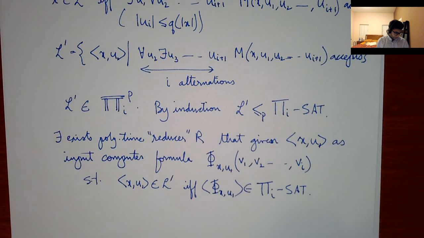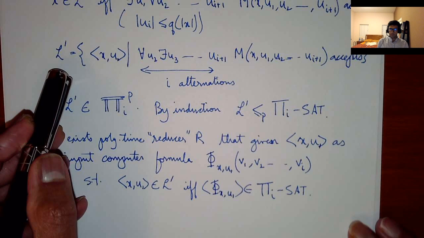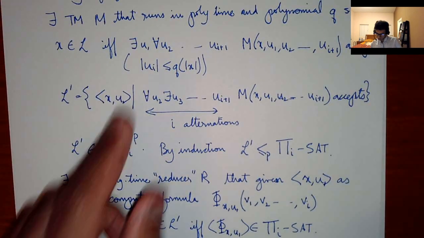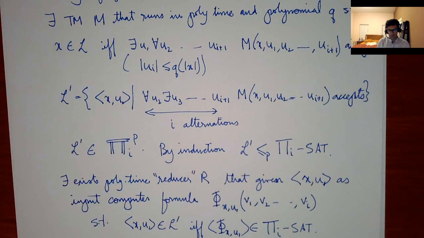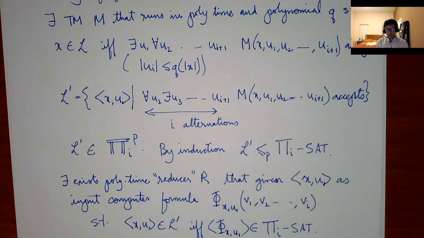So this is just saying that by induction, L prime. So what is L prime? L prime was a language where I simply took out the first quantifier and appended that to x and said, okay, let's look at pairs x u1. That language is actually in pi I, because they're I alternations.